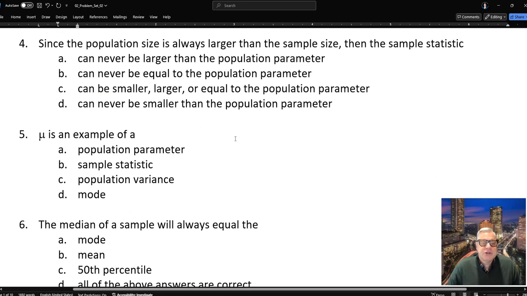Since the population size is always larger than the sample size, then the sample statistic can never be larger than the population parameter? No. Can never be equal to the population parameter? No. Can be smaller, larger, or equal to the population parameter? That is correct.